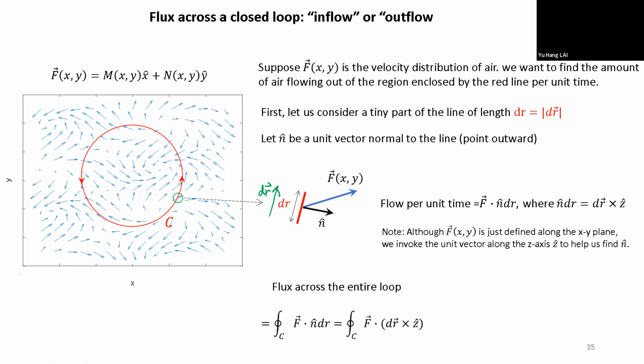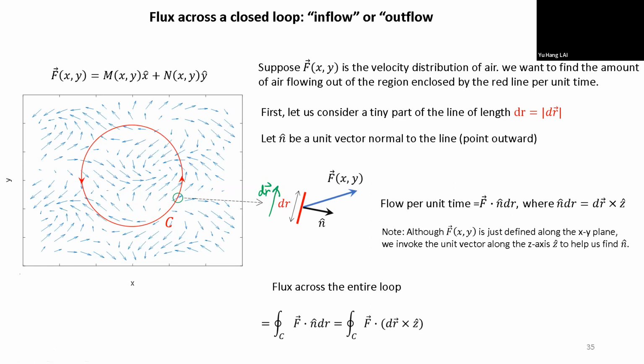The z hat vector is a vector that is pointing out of the screen. Just imagine that, although nothing is living in this region. All the airflow is still confined in the xy plane, but now let's just consider that as a z vector, pointing out of this screen. If you take the cross product between this dr and this z vector, just use your right hand grip rule.